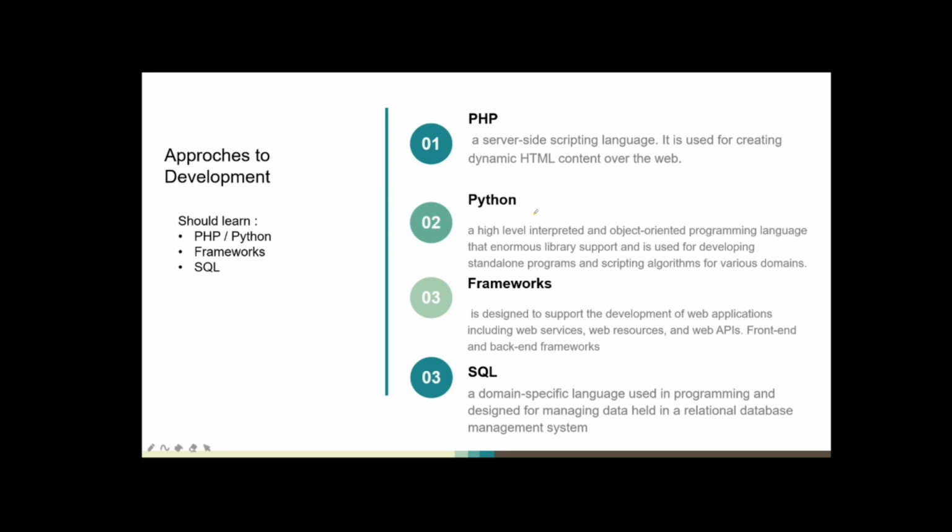Python also is a high-level interpreted and object-oriented programming language. Usually Python has different library support, and is used in developing standalone programs and supporting scripting languages for various domains.